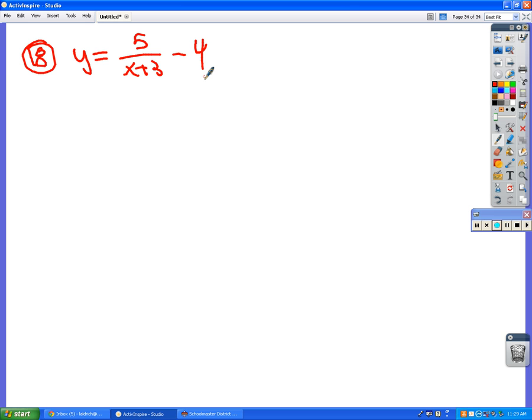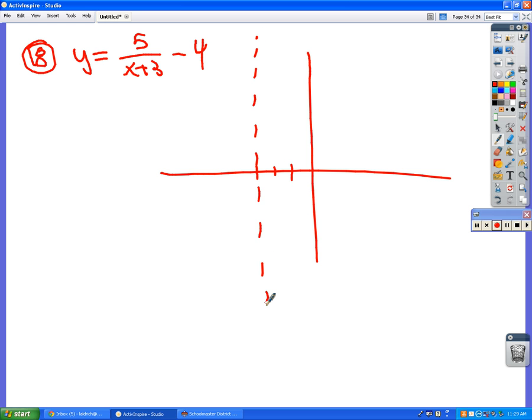All right, so now we are taking that graph that we did in the last one and we are shifting it a little bit. The x plus 3 on the bottom moves it to the left 3. 1, 2, 3. The minus 4 here does what? Move it down 4. So where are my two branches? Right here. Bottom left, top right. How come in the other one they were in different places?